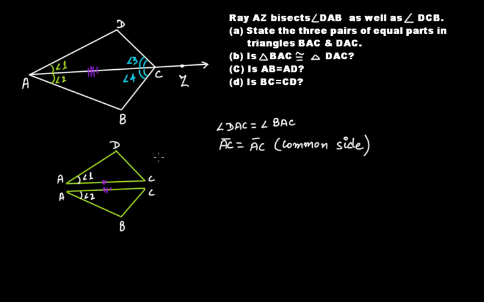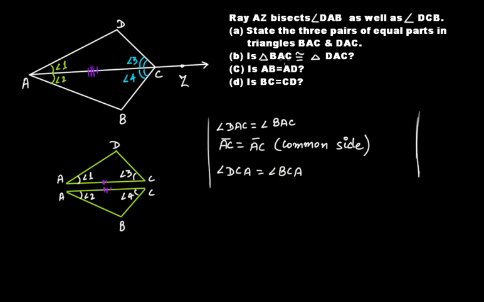And then you have this angle, angle 3 is equal to angle 4, that is angle DCA is equal to angle BCA, right? Okay, so these are the three pairs of equal parts in these two triangles ADC and BAC.